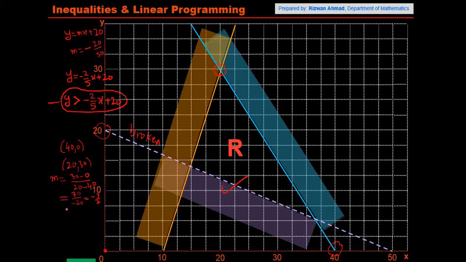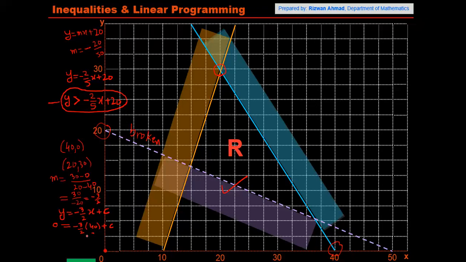So the equation is y is equal to negative 3 over 2 x plus c. Now putting one of the points from these two, we can find the value of c. If we use 40, 0 here, so 0 is equal to minus 3 over 2 into 40 plus c.